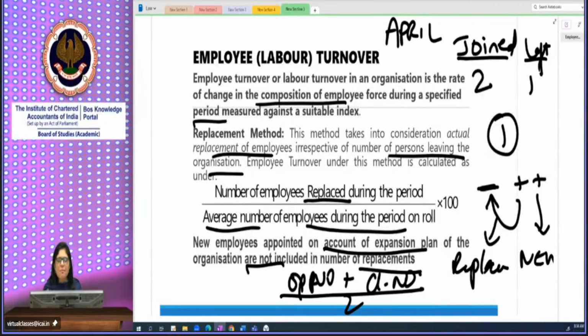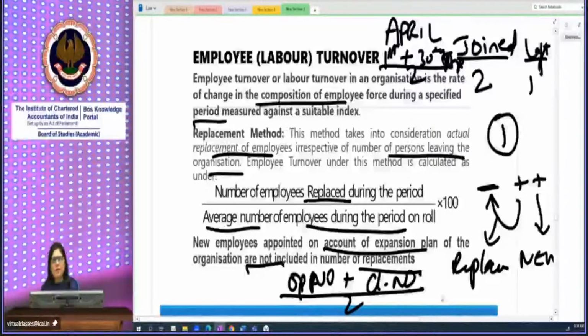The average number of employees in April means employees on 1st April plus employees on 30th April, so first day of the month and last day of the month, divided by 2. If we are taking the information for the whole year, first day of the year and last day of the year, divided by 2. So that is the average you calculate. I hope you have understood this.